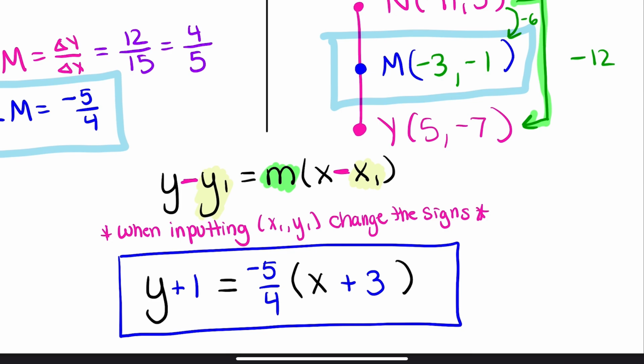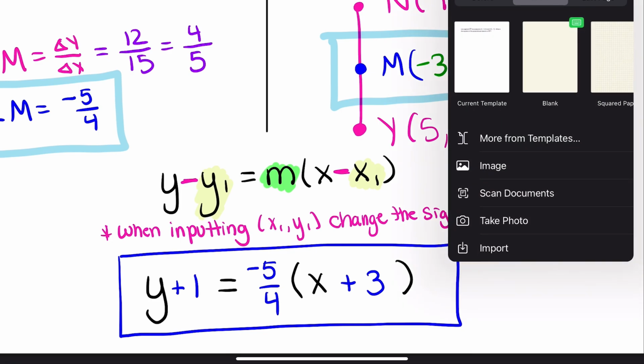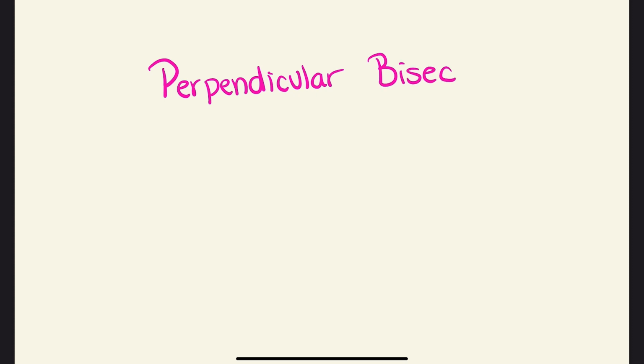So just as a little refresher, let's go ahead and add a page in. And I just want to point out just the main ideas. So for a perpendicular bisector, you need a few things. Let's make a list, right?